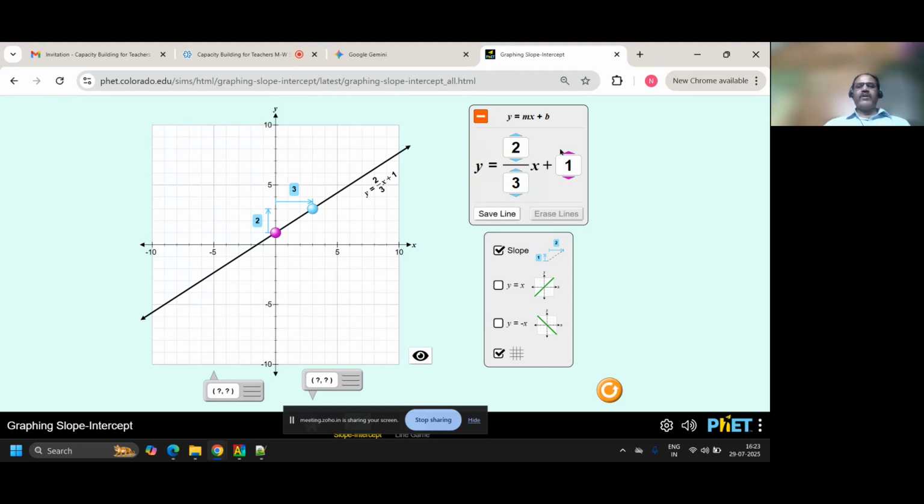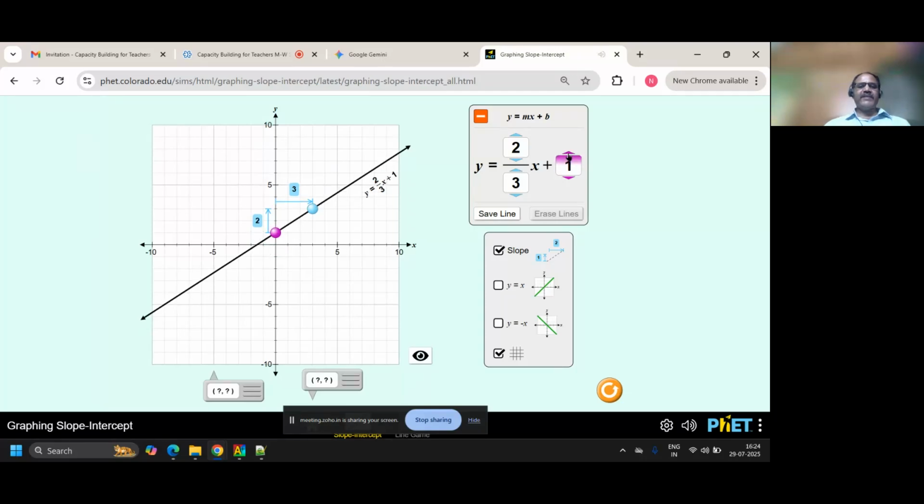Now I make the intercept 0. That means it is going through the origin. This intercept is nothing but where it cuts the y-axis.